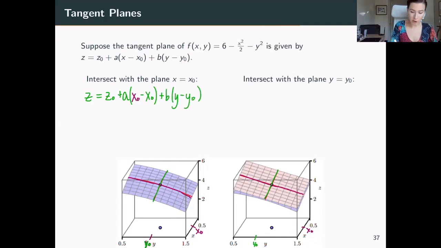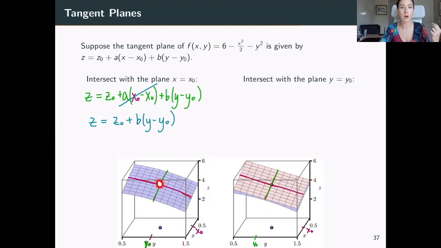And that means that this term here goes to 0, and all I'm left with is a function of y. I have z naught plus b times y minus y naught. This is a line where my b here is the slope. And we know, based on our understanding of partial derivatives, that the slope at this point should be equal to the partial with respect to y.